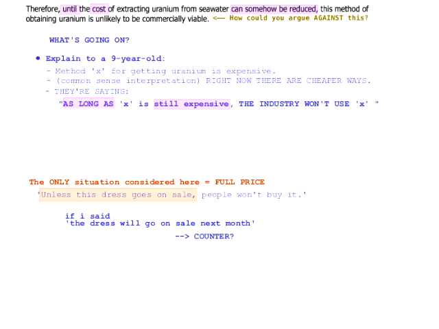If I say something like, if I move to Texas, blah, blah, blah, then the point is that the only situation under consideration is I move to Texas. The only situation we're discussing is I move to Texas.